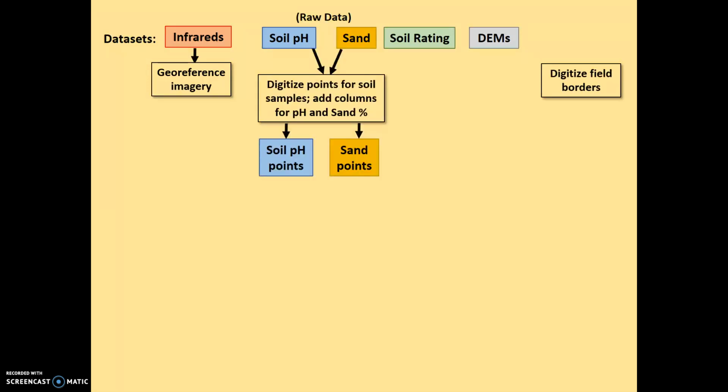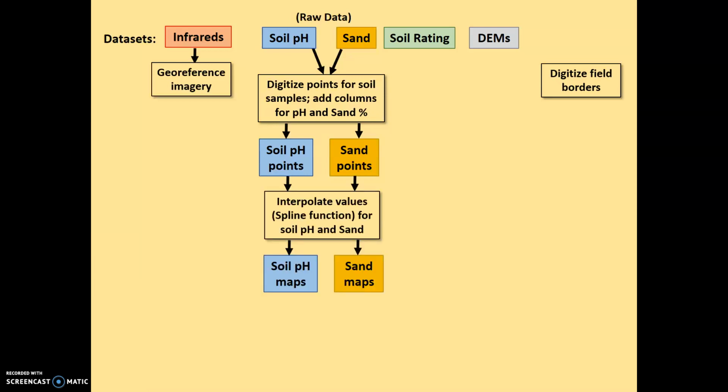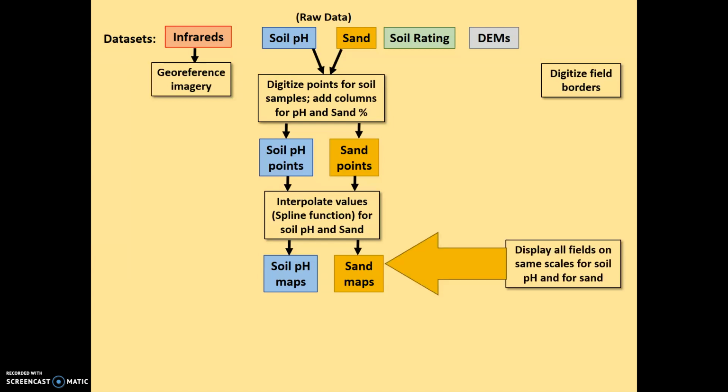From the raw data, I digitized points for the columns, and added the columns for pH and the sand. Then I had points with values for soil pH and for sand. I interpolated these points using the spline function to get maps of soil pH and of sand.